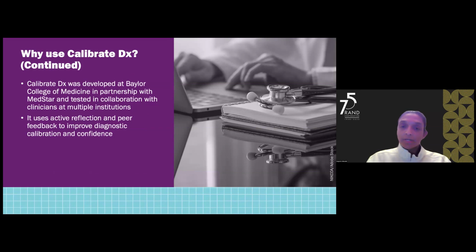CalibrateDx was developed at Baylor College of Medicine in partnership with MedStar. It's been tested in collaboration with clinicians at multiple institutions. The tool uses active reflection strategies and peer feedback to improve clinicians' diagnostic calibration and to improve their confidence in diagnostic performance.